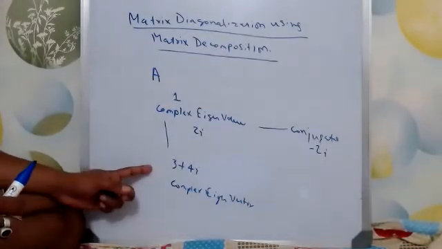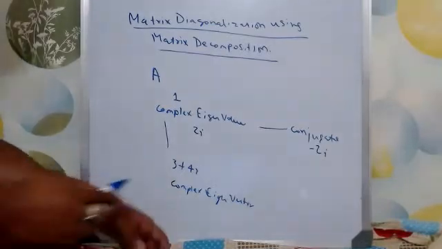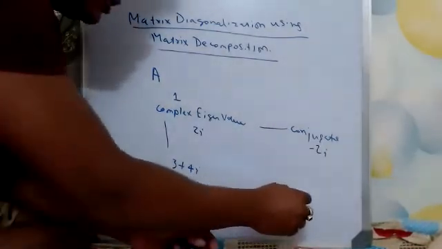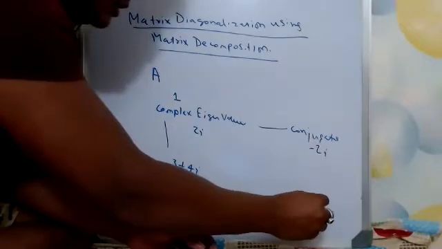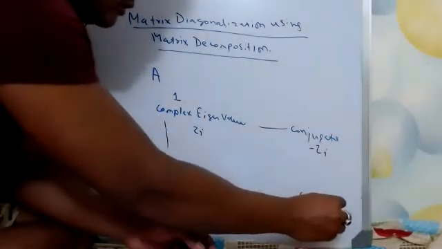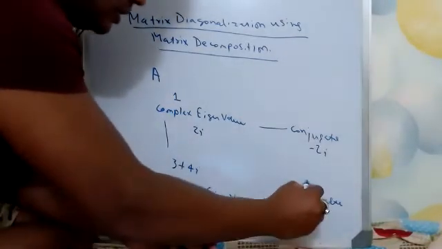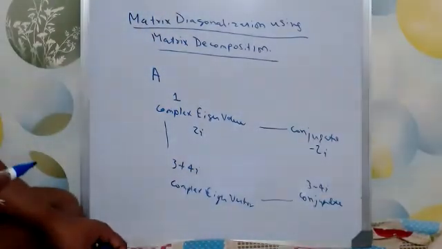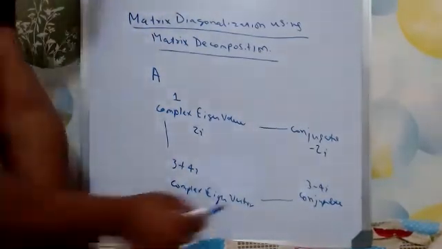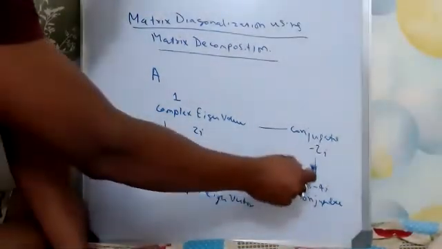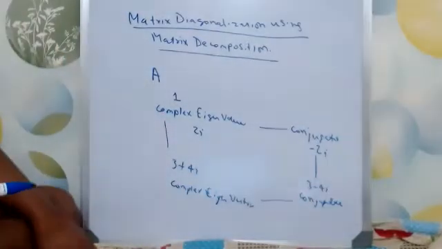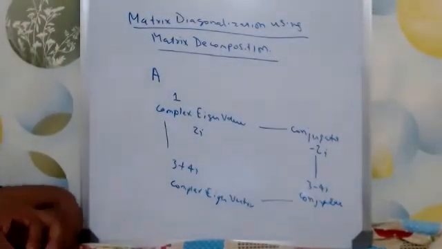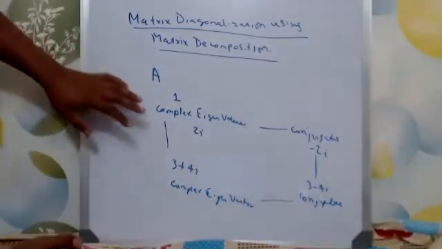Let's say it is 3 plus 4i. So the conjugate of this will also be a valid eigenvector. So 3 minus 4i will also be a valid eigenvector for the matrix A, and this one will be paired with this one.